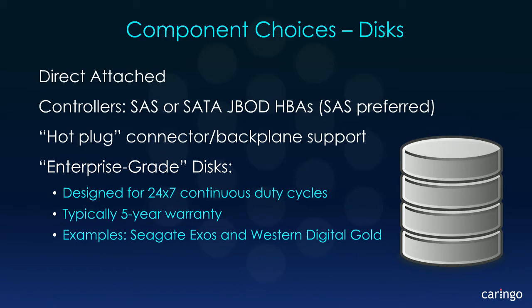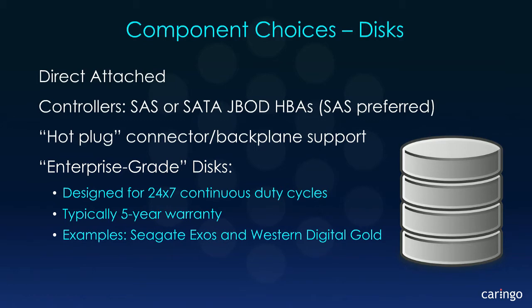We're looking for disks that are designed for a 24/7 continuous duty cycle. We want them to fail fast, meaning that if the SMART information or equivalent pops up and says that there's some kind of error with the drive, we don't want to keep retrying on it. We want to mark that volume as failing and then reconstruct the data that is associated with it elsewhere in the cluster in a very fast fashion.